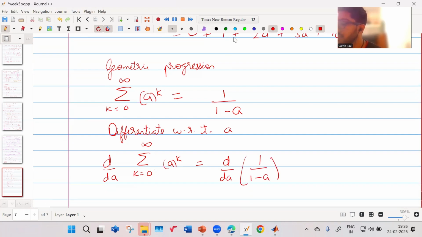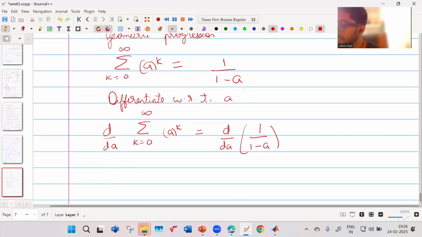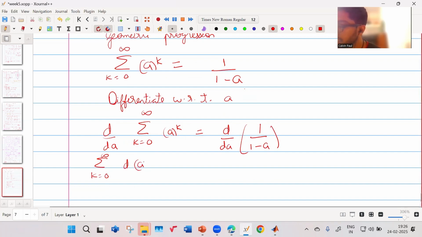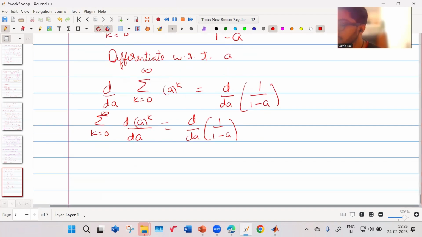If we look at the left hand side, the derivative can go inside the summation: summation k equal to 0 to infinity of d of a raised to k upon dA is equal to d by dA of 1 upon 1 minus a. What is the derivative of a raised to k? It comes out to k into a raised to k minus 1.